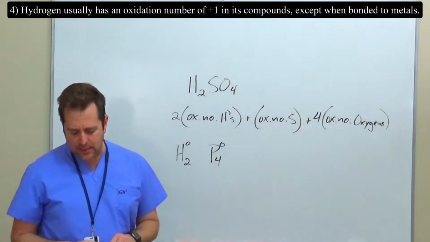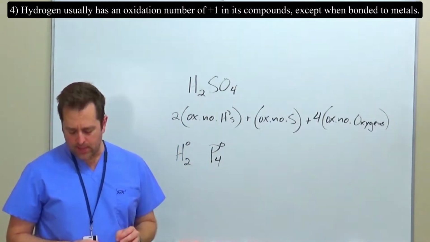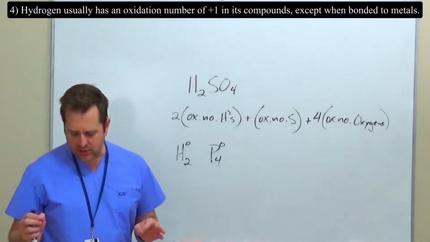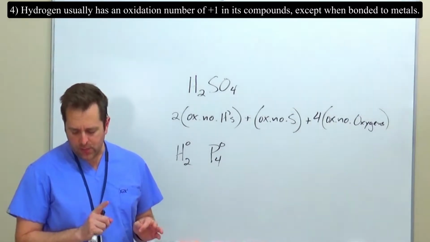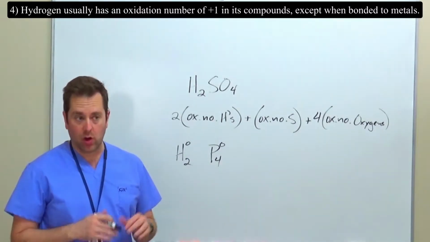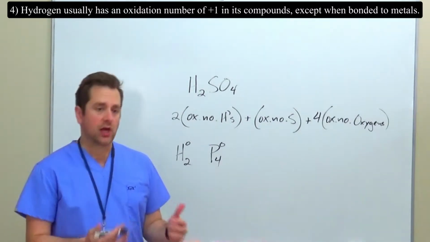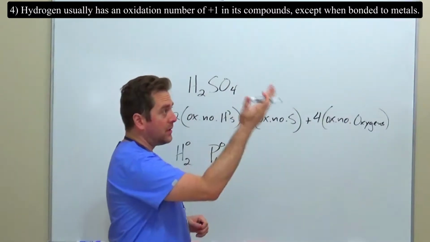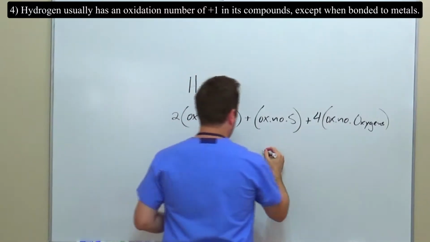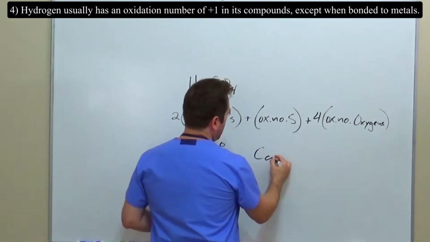Okay, guideline number 4. Hydrogen usually has an oxidation number of +1 in its compounds. However, in compounds where all the other elements are metals, its oxidation number would be -1. So for example, let's say it was bonded to calcium, from the alkaline earth metals. Calcium has what type of charge?